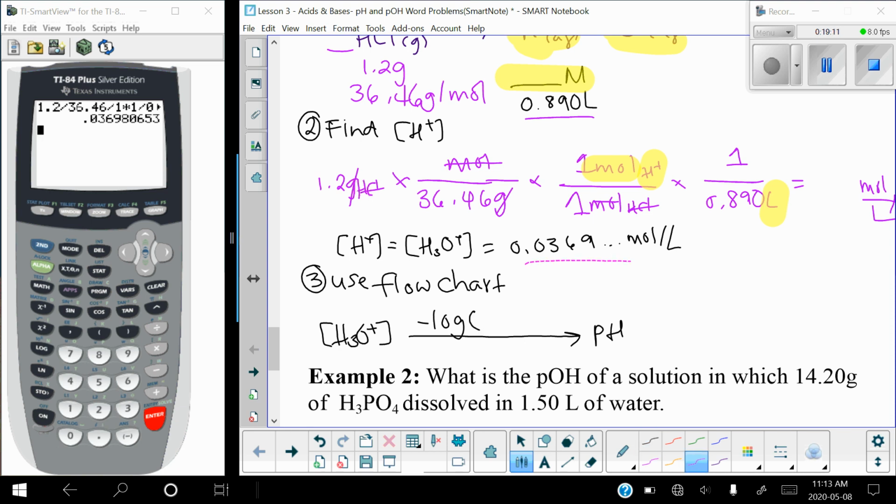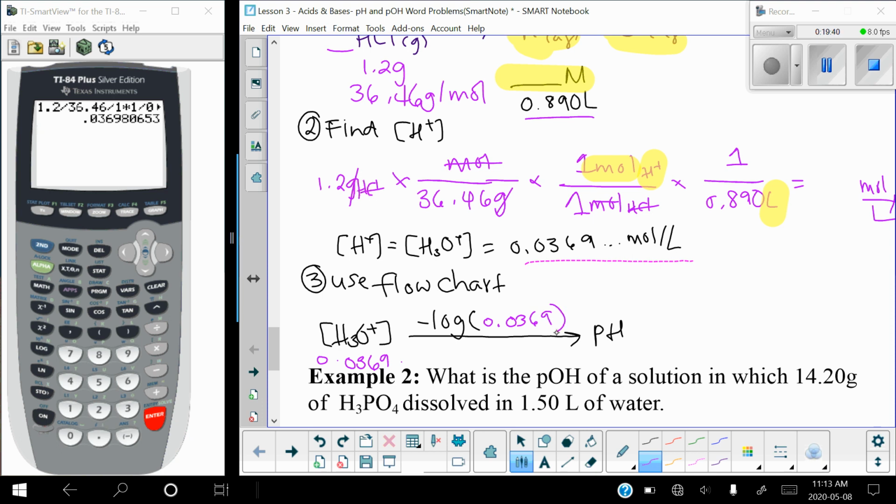This right here is my hydronium concentration, 0.0369. I'm going to plug that in, 0.0369 moles per liter.